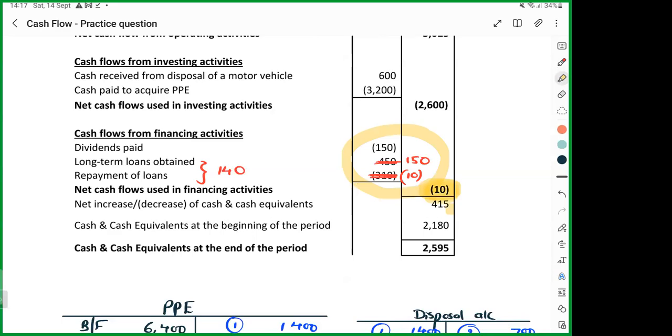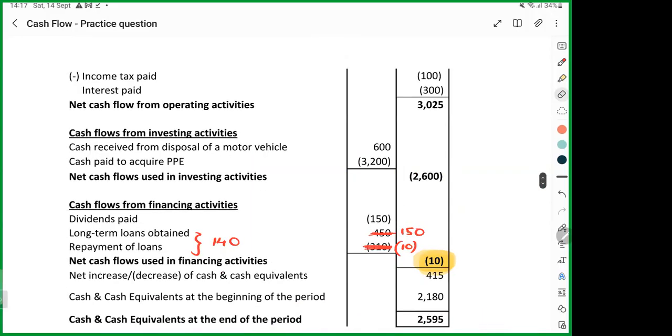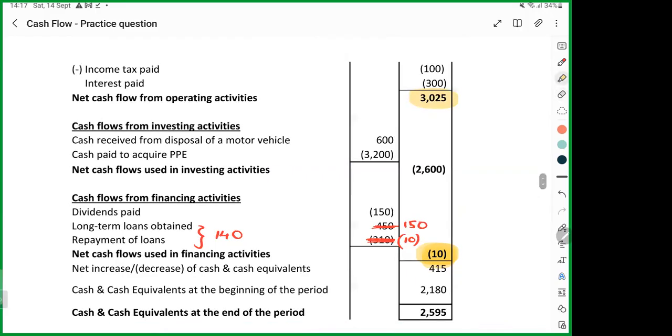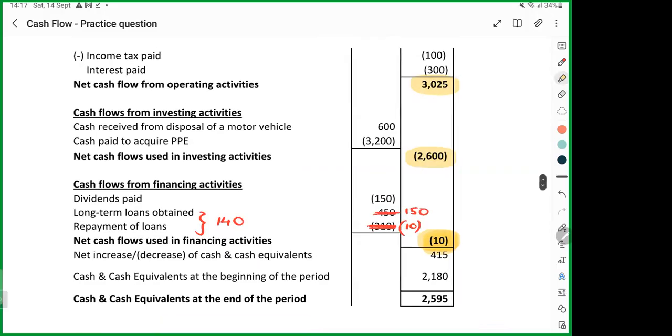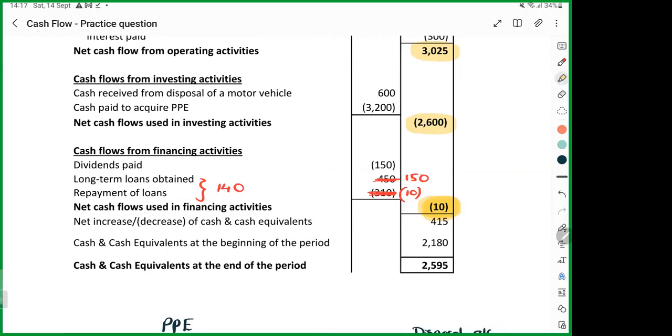Then you take the total of the three types of cash flows. How much total? Operating cash flow positive 3025. Investing cash flow negative 2600. Financing cash flow negative 10. Then you see the total. How much total? 415.